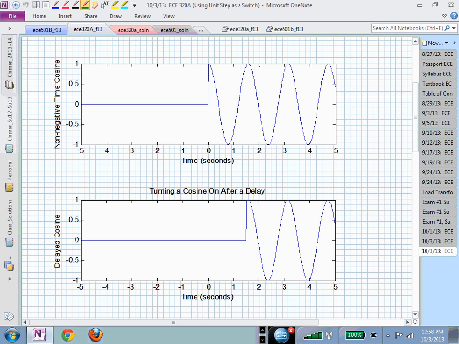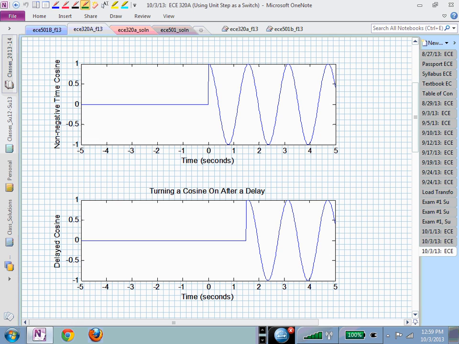So I would just have the entire x of t, and then I just erase everything before t equals 1.5. And this is now what we want to Laplace transform. If you looked at the bottom picture and compared it to the top picture, most of it looks the same, doesn't it? It's just a small delay between the bottom and the top, but pretty much they're very close.